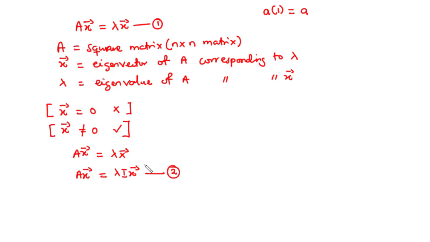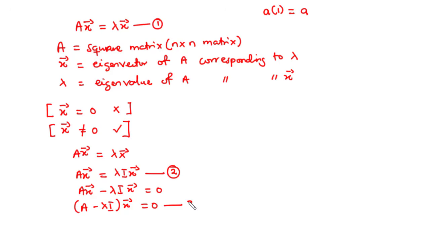Now let's transpose whatever we have on the right hand side onto the left hand side, so that we have Ax minus lambda Ix equals 0, and then we factor out x since it's common to both terms. So we have (A minus lambda I) times x equals 0.